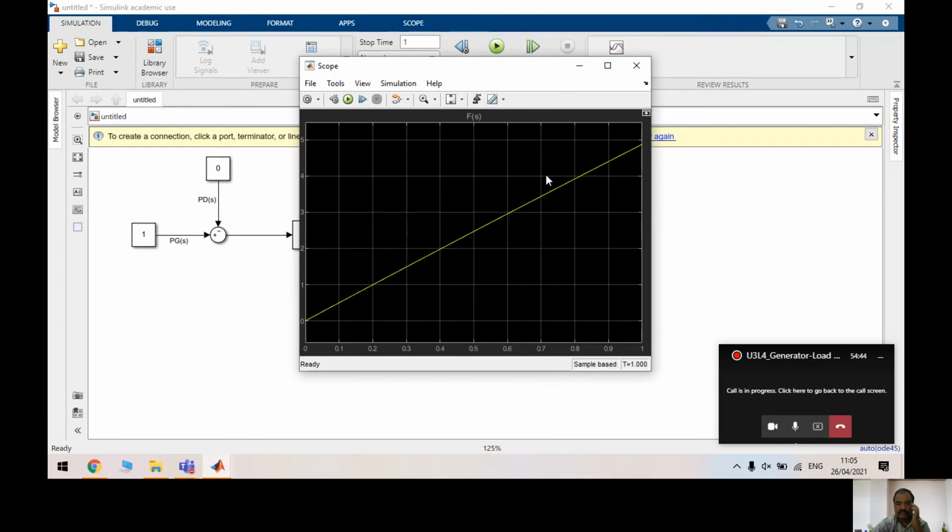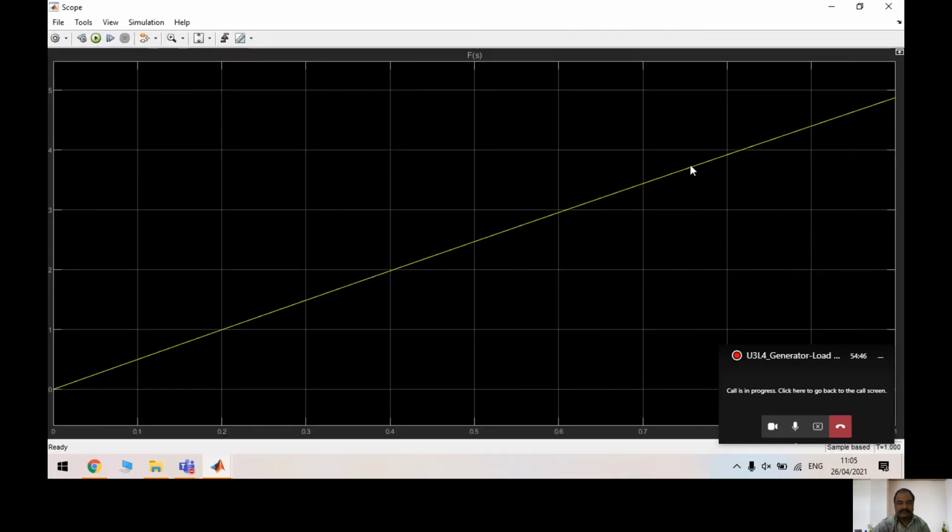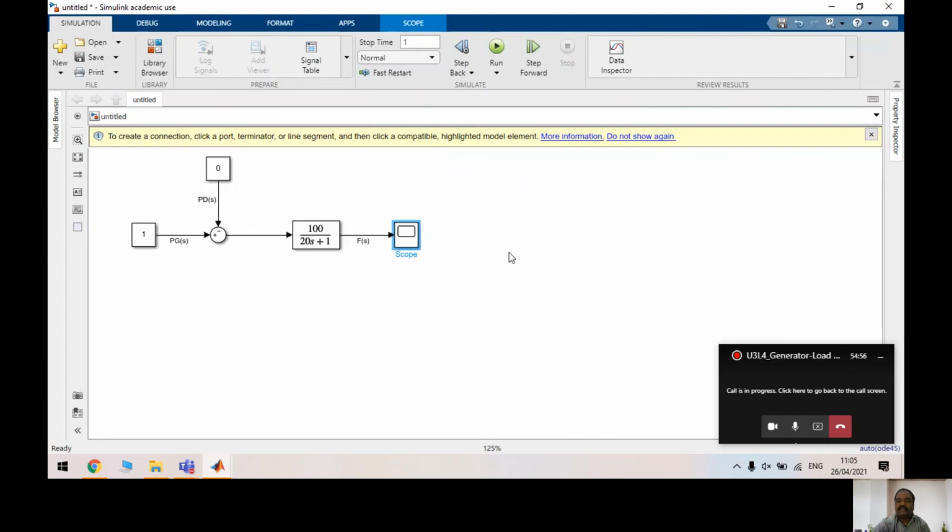If you carefully see, it is continuously increasing. Why? Because the time constant is 20 seconds, which means it is going to take a large amount of time for getting a response, for getting it into steady state. So that's why, this time constant I have taken as 20 seconds, right?